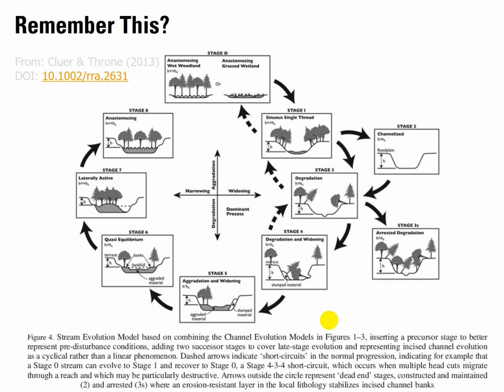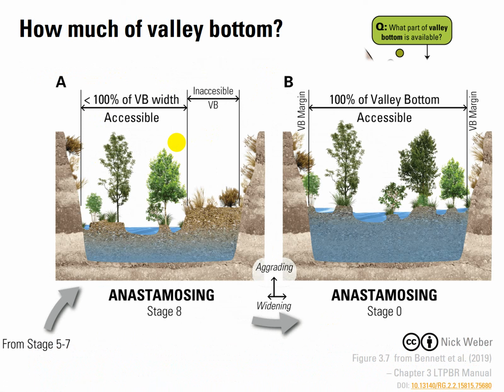Remember this? Clear and Thorne, right? So remember, if we were talking about those areas where stage 0 or stage 8 were possible, those anastomosing conditions, then that's also kind of a question of how much of the valley bottom is available.